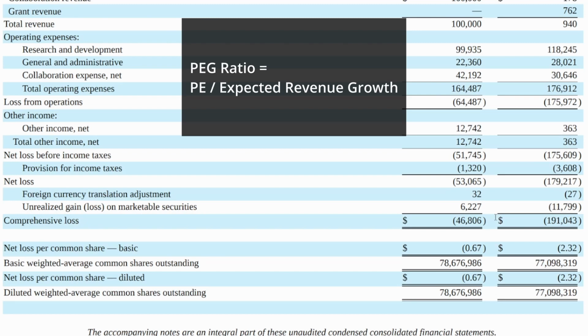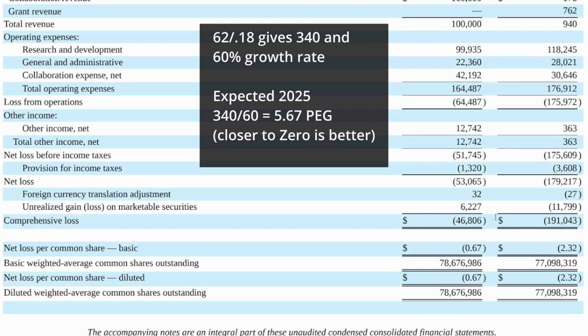So if we take that 340 and we turn it to an EPS, earnings per share for 2025, that's about a 0.18 earnings per share. We'll take the current stock price of CRISPR, which is about $62.